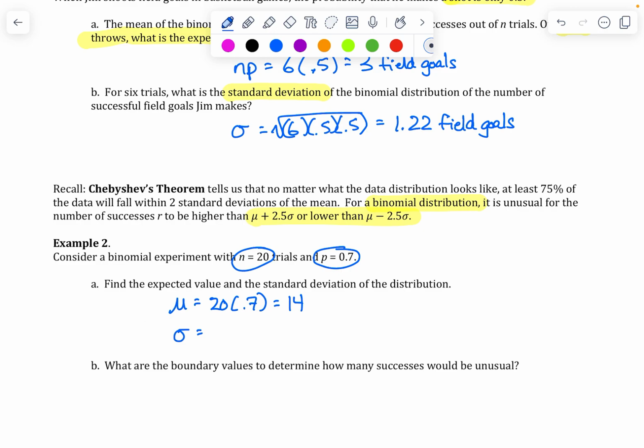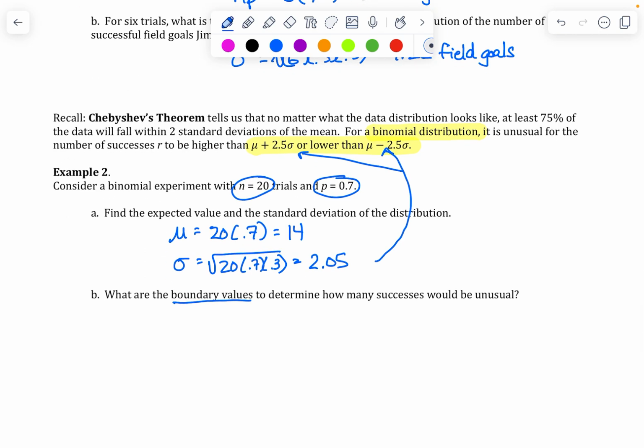The standard deviation, which is the square root of 20 times 0.7 times 0.3, is 2.05. And now you can plug those into the formula here and here to find the boundary values. So you expect them to make 14 baskets, but there's of course going to be some variability, right?